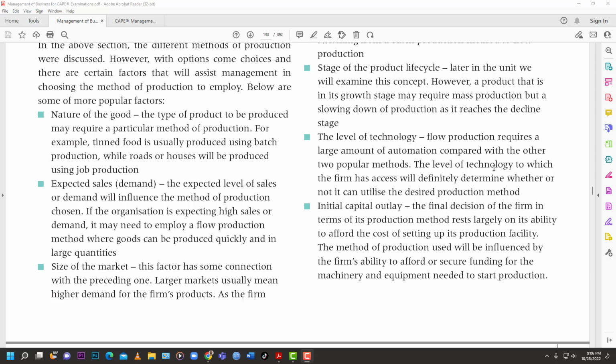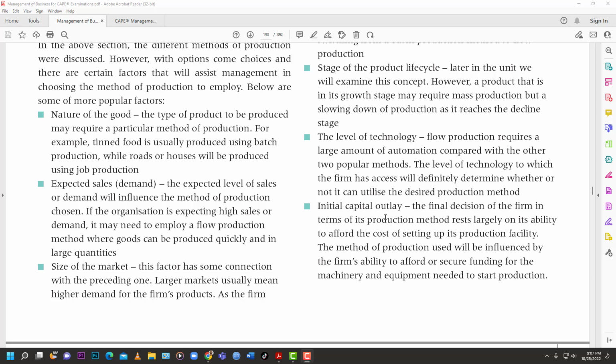Look at cars. You can have a car built as a job if it's a customized car, or built in batch or flow, based on an assembly line, if it's a mass produced car, right? So even with a car, you can see the different types being employed based on the nature of the job, and so you will determine different levels of technology.